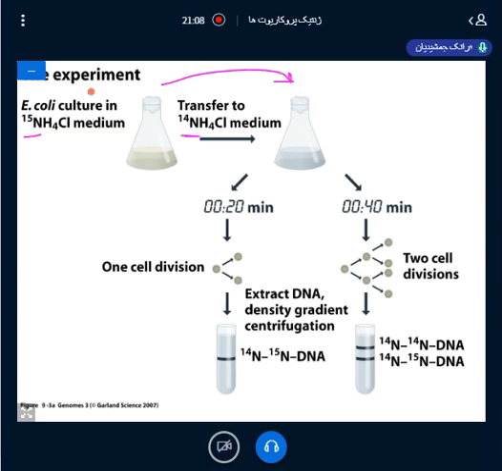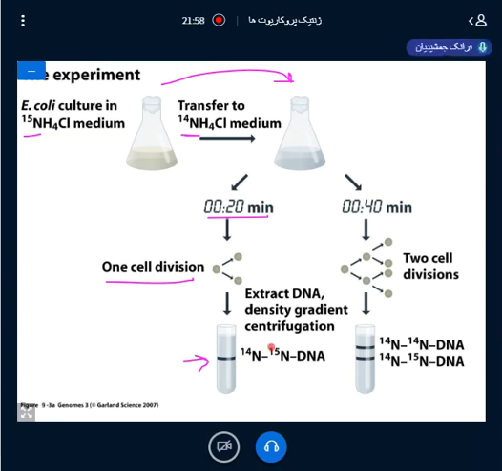After 20 minutes, which means one cell division, they extracted the DNA and put it into the density gradient centrifuge, and they showed we had only one band, which is a combination of 14 and 15 DNA.